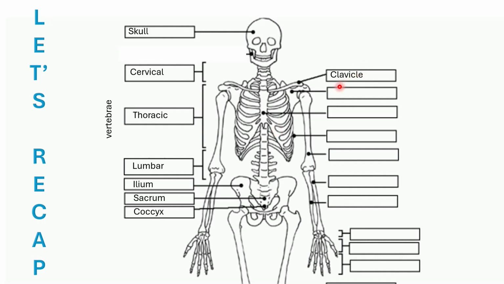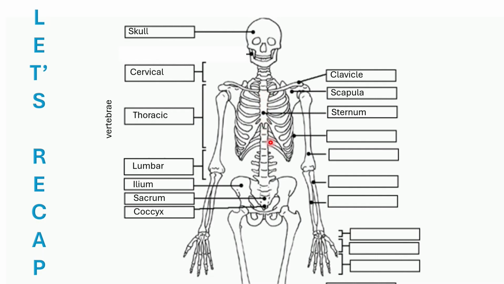With the clavicle, we've got the bone right there at the back, and it serves as an attachment area where all the muscles of this appendicular part can attach, and that is our scapula. Then this very important bone that protects the heart, who can remember that one, which is the hardest bone in the body, and that is the sternum.